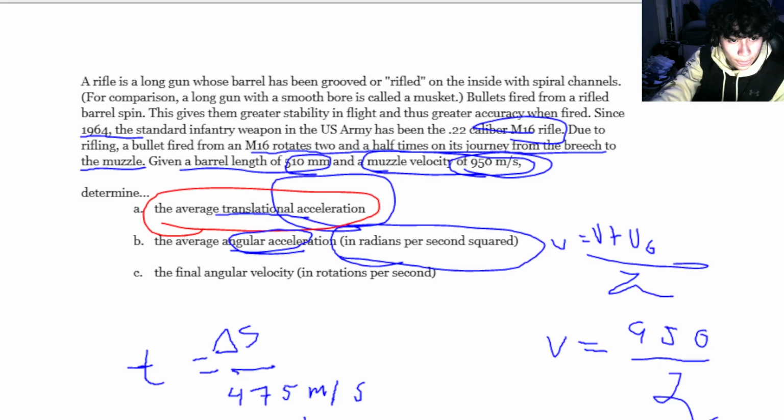So rounding it, you get 0.0011. The bullet spends 0.0011 seconds inside the barrel.